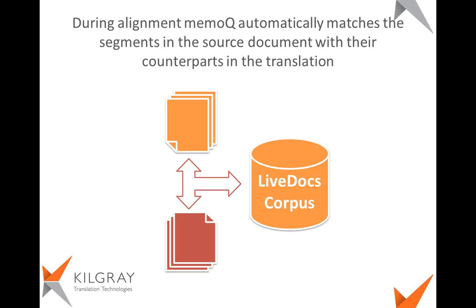So what the computer has to do is chop up both documents into segments, these approximate sentences, and try to set up a match between each source segment and its counterpart in the translated document.